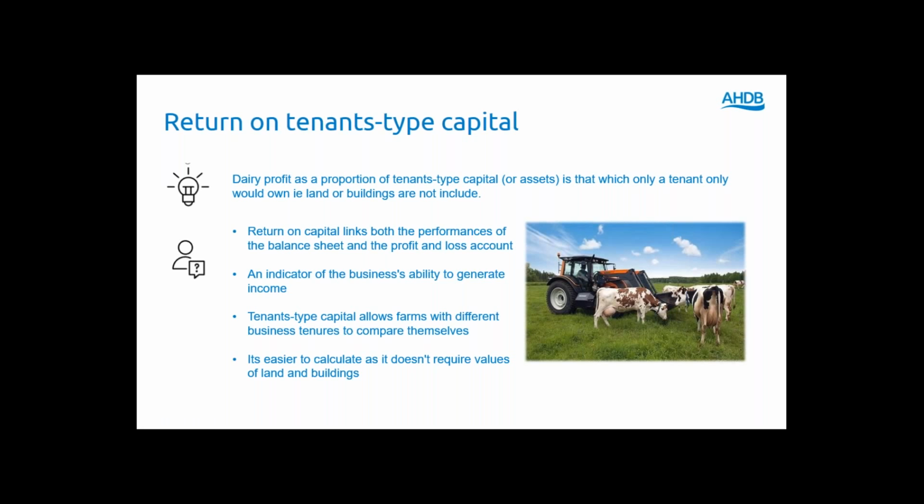One of the reasons we went for tenant type capital rather than all capital or all assets is it means you don't have to think of values for the land and the buildings if you own them. Interestingly, it's not easy for everybody to do that, from our experience of collecting data, so this avoids that. Any questions on that before I move on?